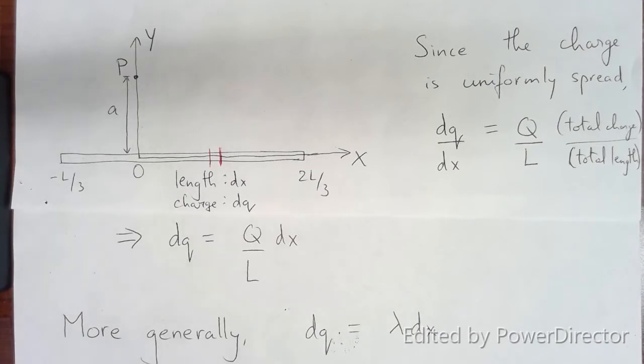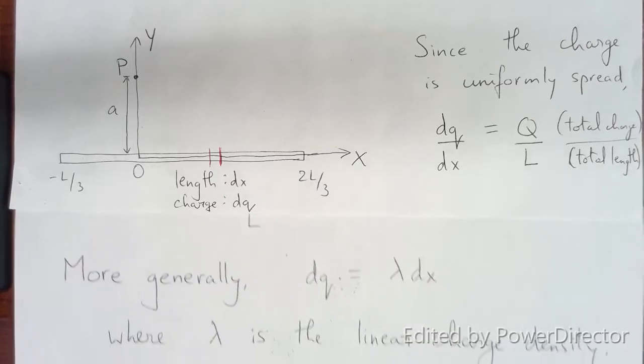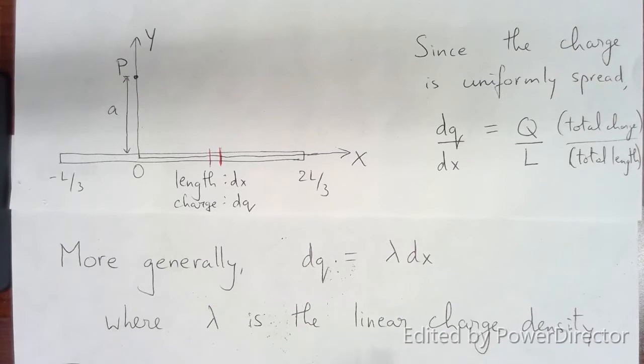More generally, however, we would say dq is equal to lambda times dx, where lambda is the linear charge density, that is the charge per unit length, and it would have units of coulombs per meter. So coulombs per meter times meters would give you coulombs.